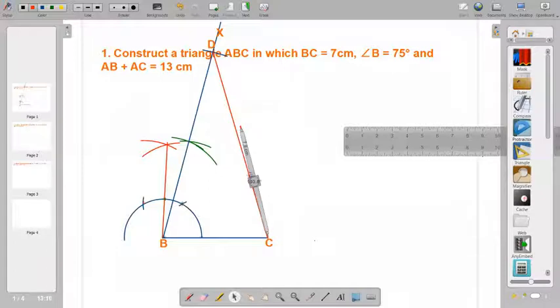You observe this is approximately more than half. If you want, you can check. Otherwise, you can extend a little bit also. Now it will be more than half. Now C as center, with the radius greater than half of CD, we are drawing two arcs, one arc downwards and one arc upwards.